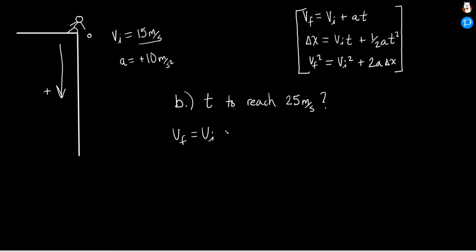So initial velocity plus acceleration times time. So first I'm going to have to subtract initial velocity to get it over here on the other side. And then I'm also going to have to divide by acceleration to cancel it out. So our equation is going to become final velocity minus initial velocity divided by acceleration.